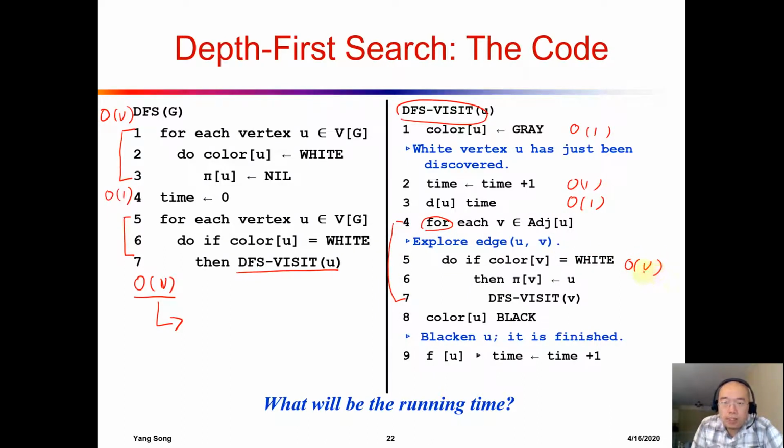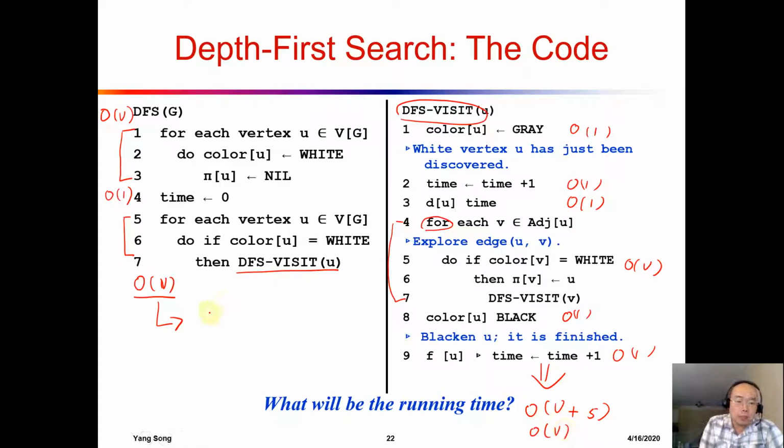So this is the upper bound, because for each of the nodes, the number of the adjacent nodes will have the upper bound to be V, right? So this iteration is O(V), and then O(1), O(1). So if we add everything together on the right side, we will have O(V) plus 5, which will give us O(V), right?